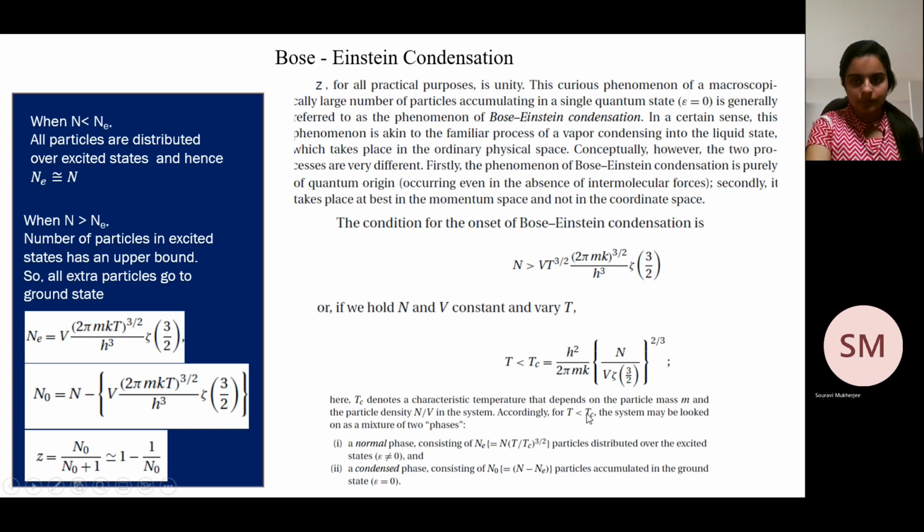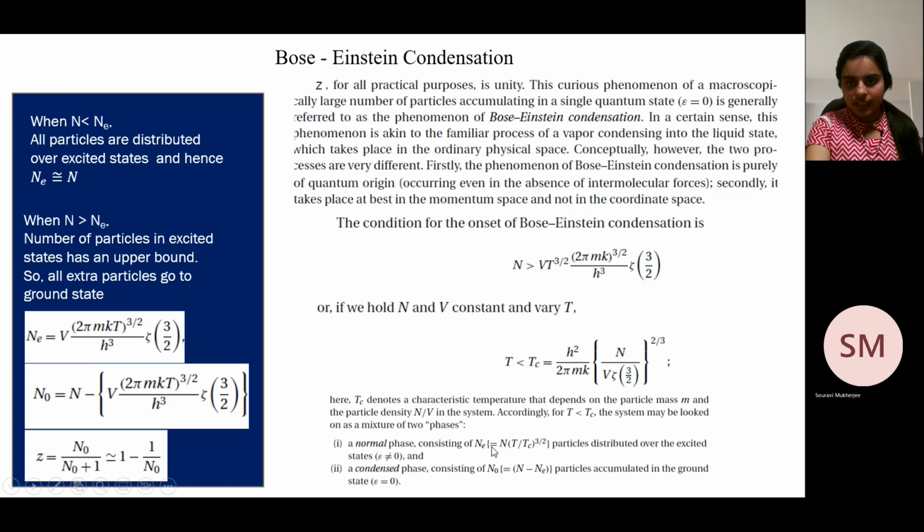Accordingly, for T less than Tc, the system may be looked on as a mixture of two phases. There is a normal phase, which consists of Ne particles distributed over the excited states. And then you have a condensed phase, where n naught particles are accumulated in the ground state.